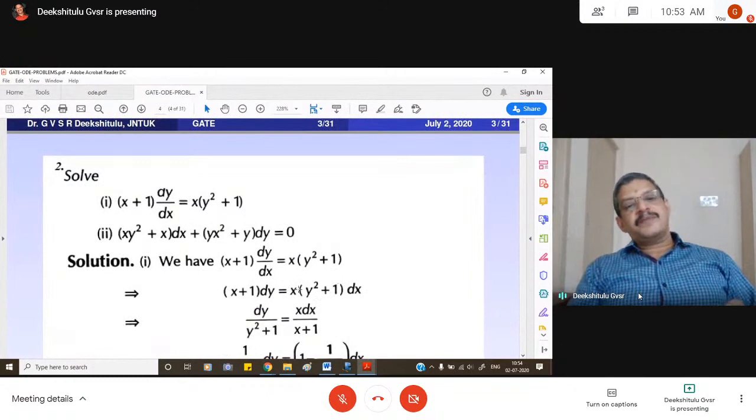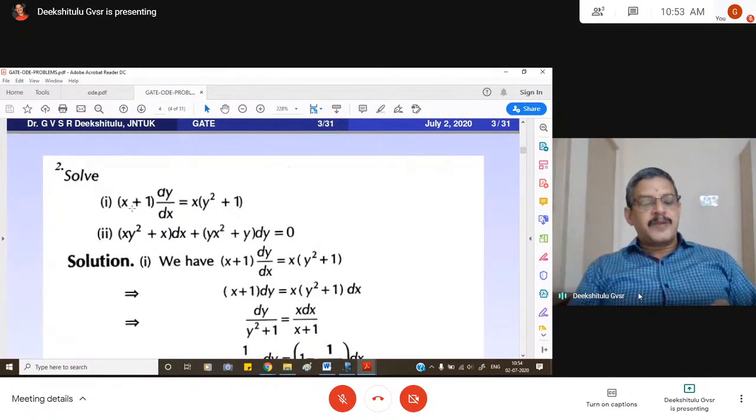So the next one is, sometimes you don't get it directly: x plus 1 dy by dx is equal to x into y square plus 1. Here also you can clearly separate the terms of x and the terms of y. So x plus 1 into dy is equal to x into y square plus 1 dx. So send y square plus 1 to this side and x plus 1 to the other side.